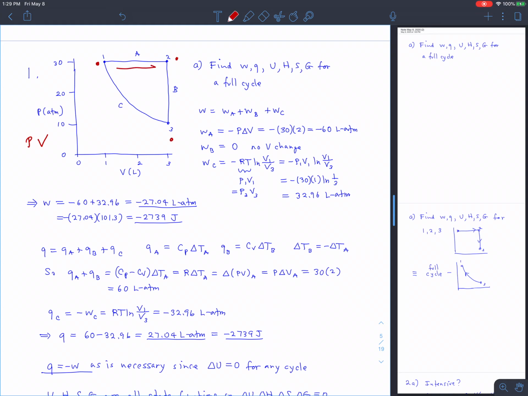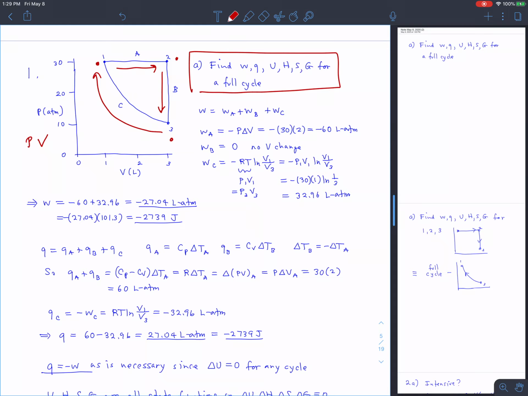I have a reversible process that can take us all the way around the cycle, from state number 1 through states 2 and 3, and finally to state number 1 again. And we want to calculate all these quantities: the work, the heat, the energy, enthalpy, entropy, and Gibbs free energy for going around a full cycle.